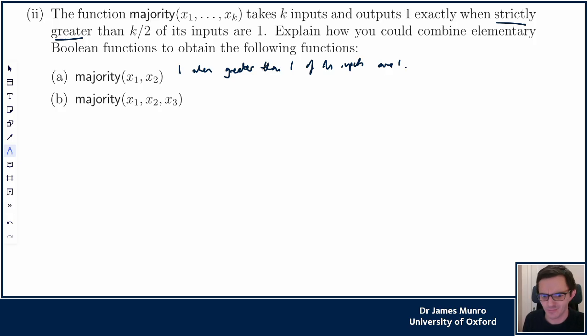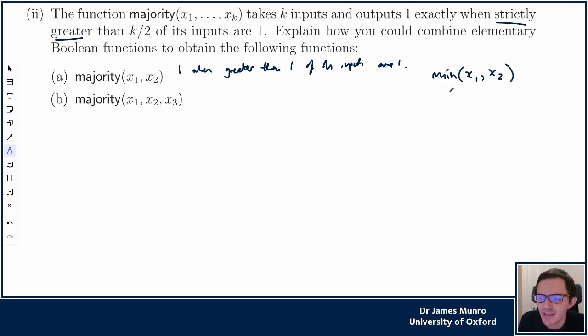That means both of its inputs are 1, which is the behaviour. If both of your inputs are 1, you give 1 back, otherwise you say 0, and that's 0 if you see a 1 and a 0 or 2 zeros. I think that's min. That's min of x1, x2. That does the same thing. If they're both 1, it gives 1, otherwise it gives 0.